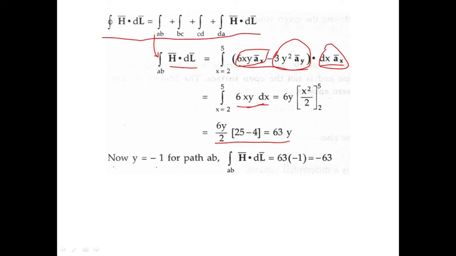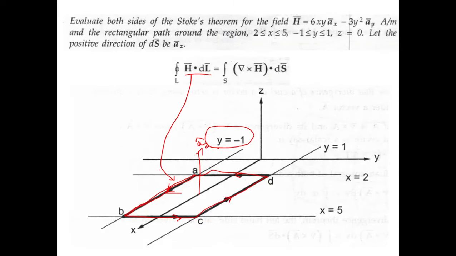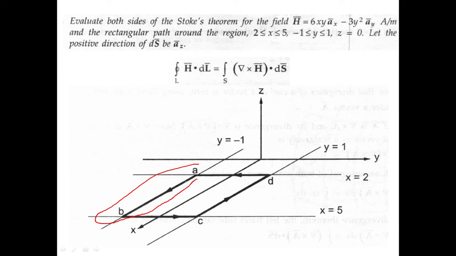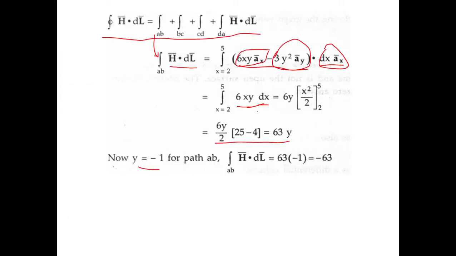Now for a to b, x changes from 2 to 5, but y remains the same, that is y is equal to minus 1. Substituting y is equal to minus 1, for a to b I'll get the answer as minus 63 amperes.